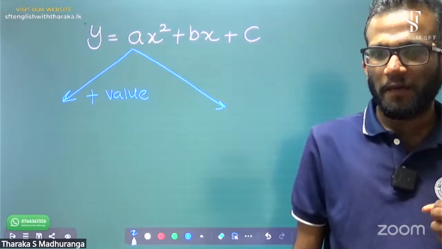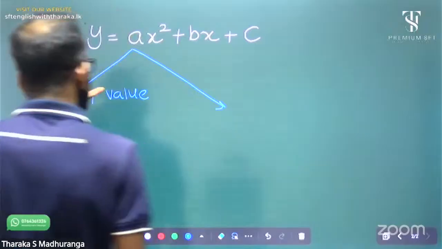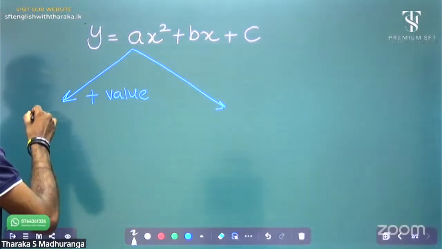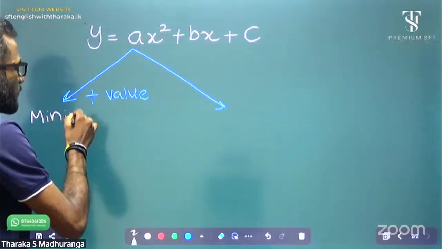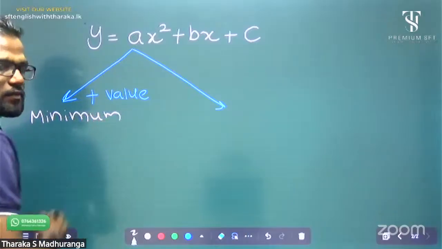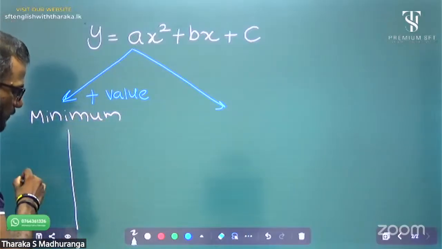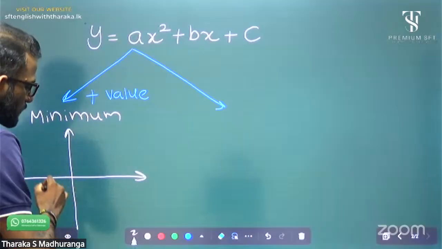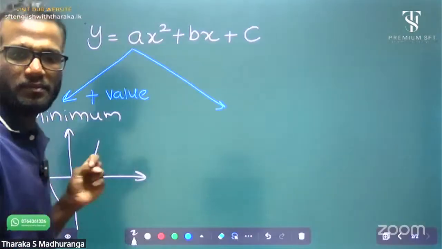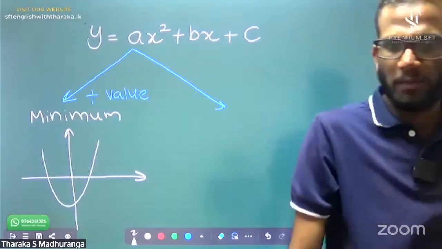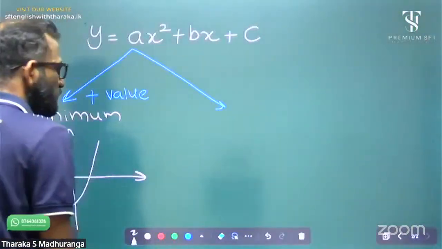No, no. If it is a plus value, it's always minimum. Remember. Minimum means that's the shape of this. That's the shape. Remember, this quadratic function part is very simple.